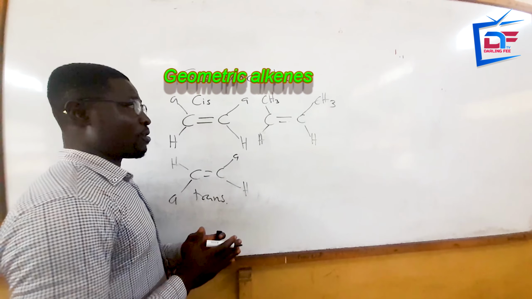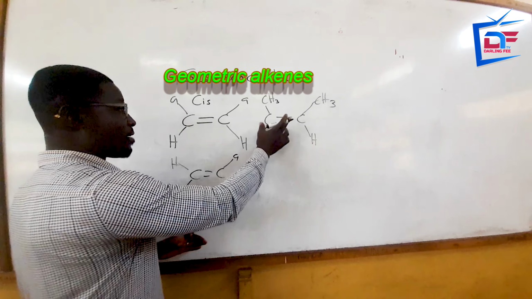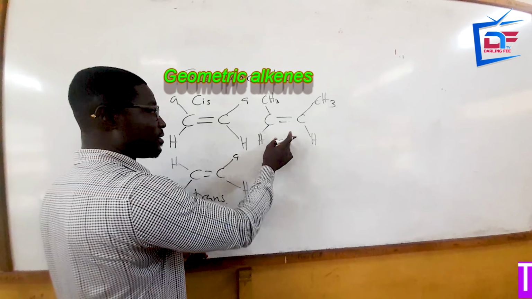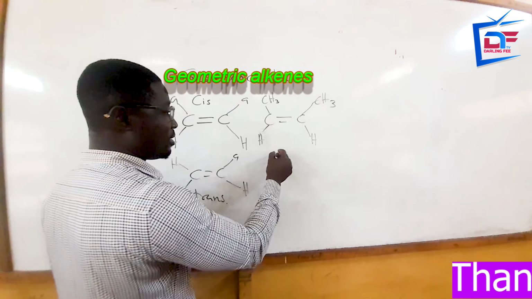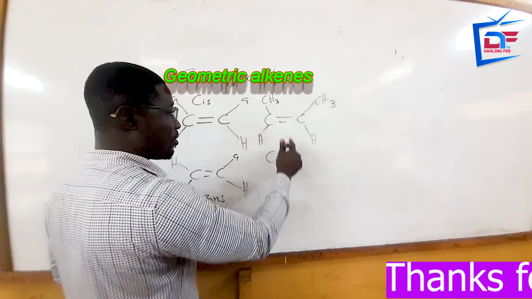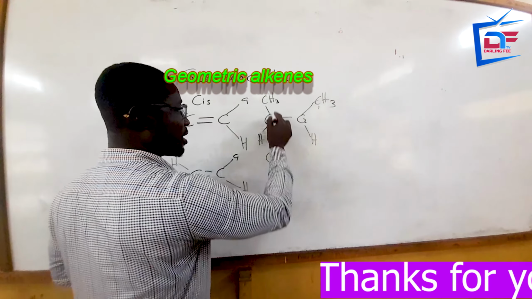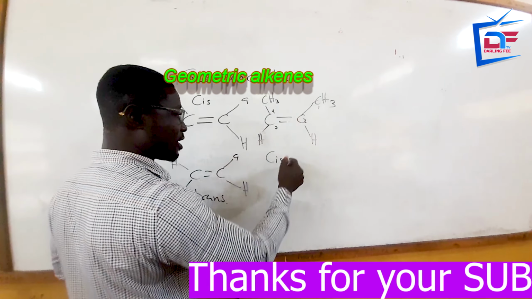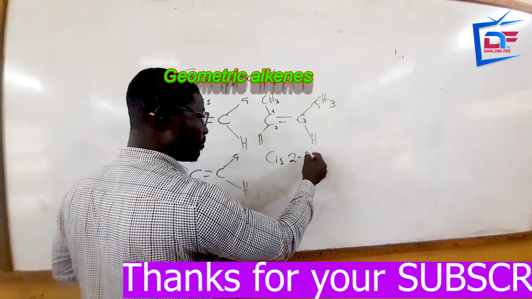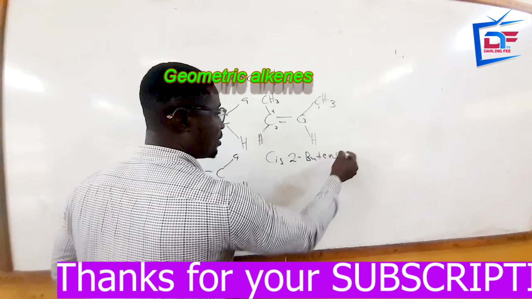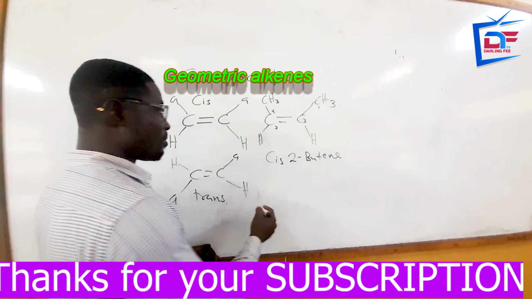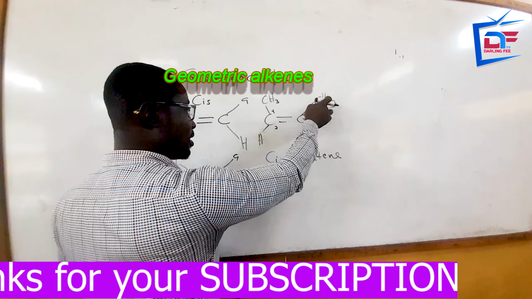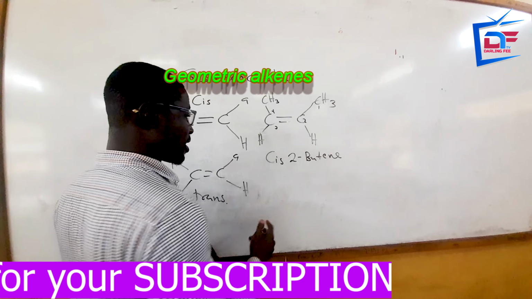We have 4 carbon atoms, but because of the arrangement and how they are positioned, this one becomes what? Z. 4, that is 1, 2, 3, 4. So we have the double bond on the second carbon, Z-2-butene.